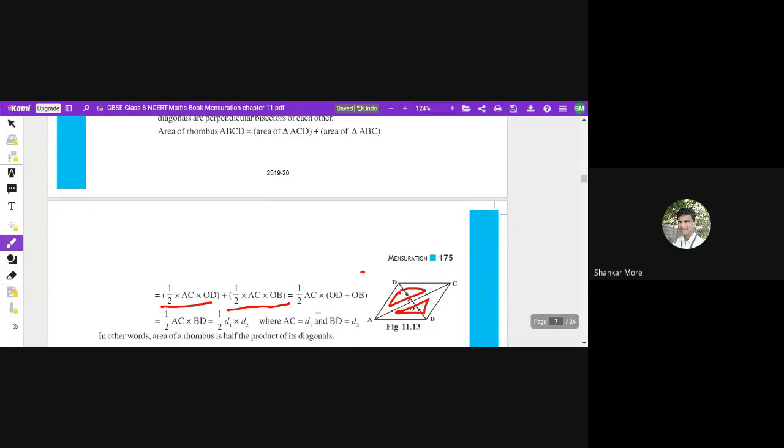We'll add them both and we'll have this formula 1/2 D1 into D2. D1 और D2 क्या है यहाँ पे? Diagonals. Diagonals of this rhombus. Right or wrong? Yeah, diagonals of this rhombus.